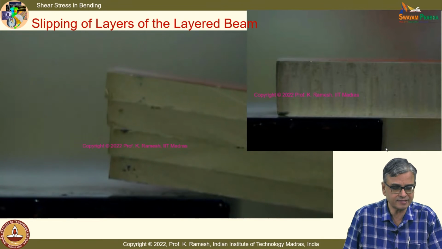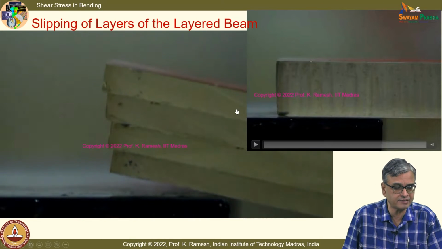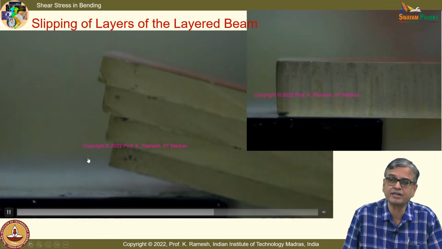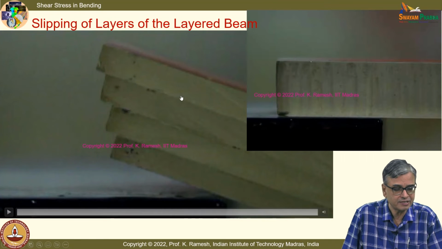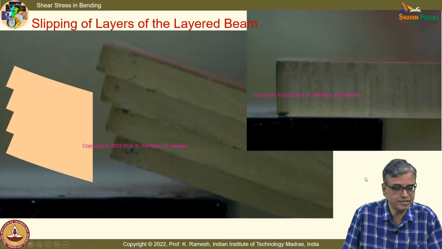And one of the subtle points in the case of bending is how shear gets developed. To understand this, we have taken a layered beam and we find the layers are slipped as the loading is applied.